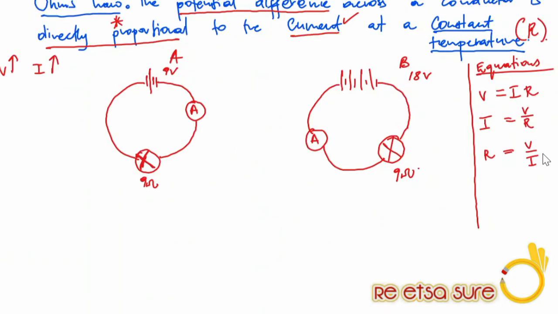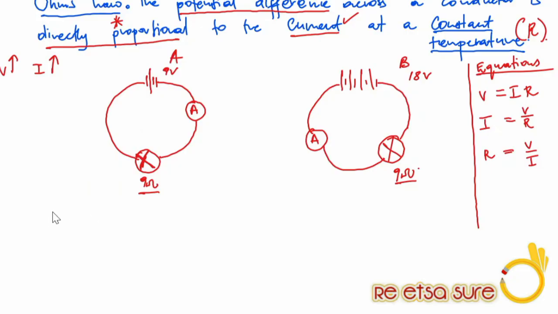So now, I want us to prove this law. Our R is constant, 9 ohms on both circuit A and circuit B. So let us determine the current on this diagram.